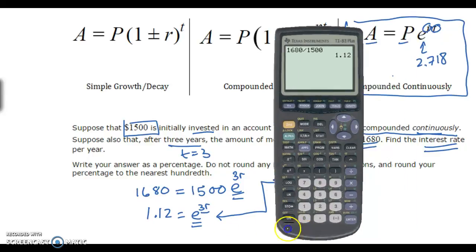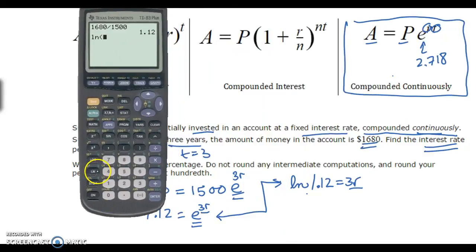Bust out the old calculator. Figure out what the natural log of 1.12 is. If it was a crazy decimal, like something really long, I'd be doing natural log of second answer, so I wouldn't want to round yet. Press equals. So 3r equals that crazy number. And instead of rounding, to solve that I would divide by 3.